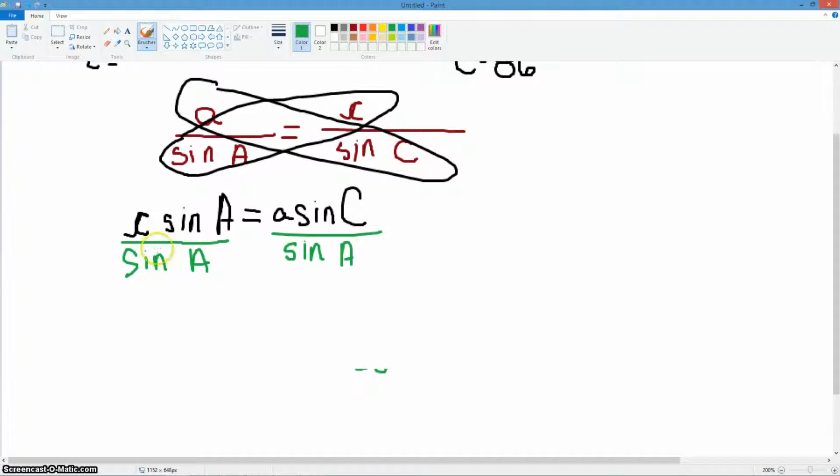What happens right here on the left-hand side is that the sine of A's cancel each other out, leaving you with little c equal to little a sine of big C over sine of big A.